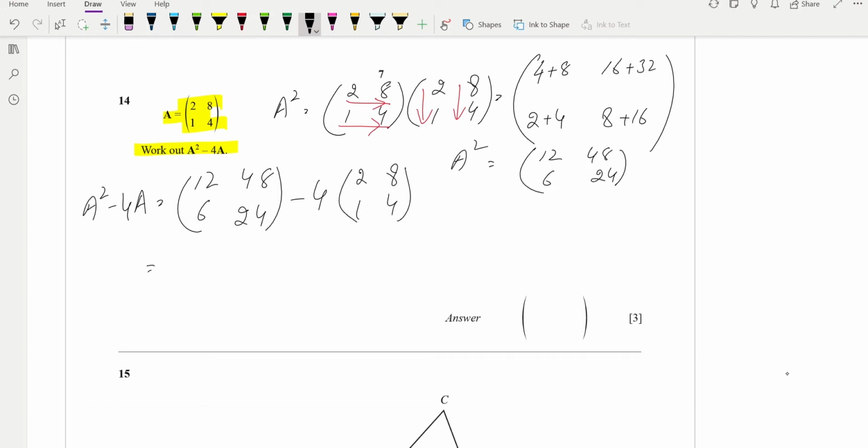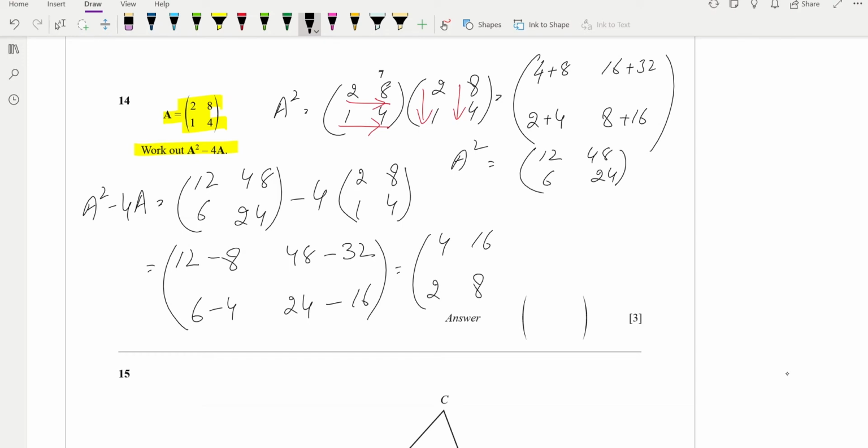Now we can write 12, minus 4 into 2 will be minus 8, and 6 minus 4 into 1 will be minus 4, and the third term will be 48 minus 32, as 4 into 8 will be 32, and 24 minus 4 into 4 will be 16. This results in 4, 16, 2, 8, and this will be our final answer. This is done.